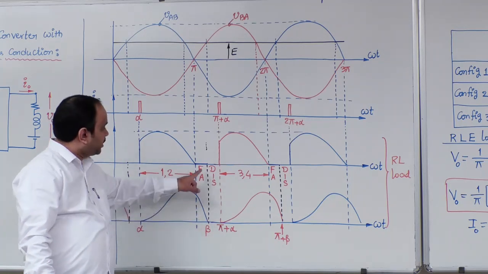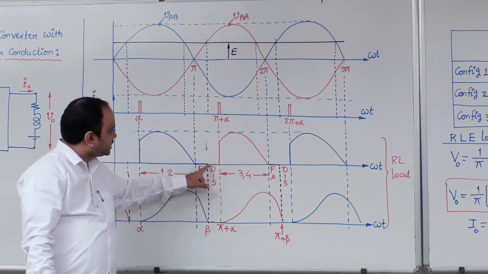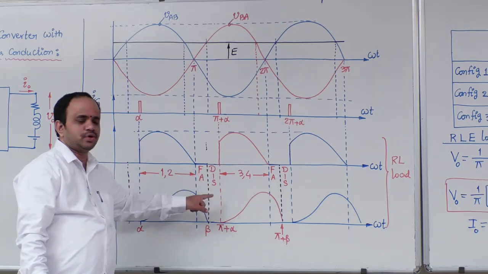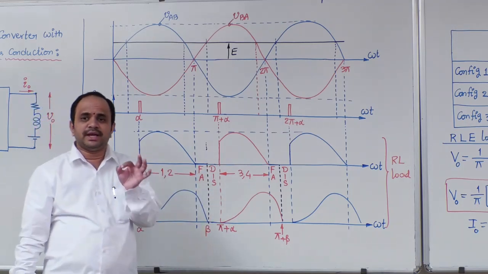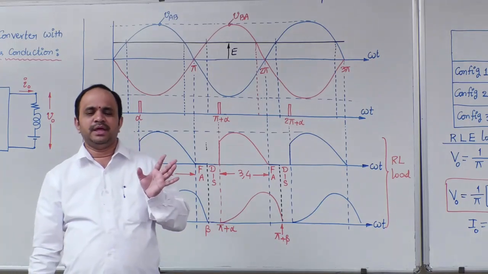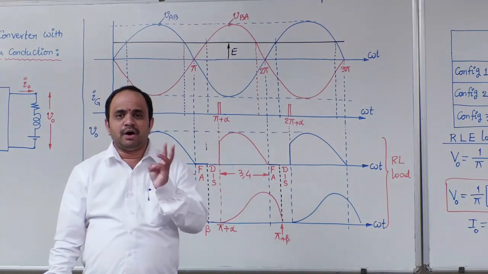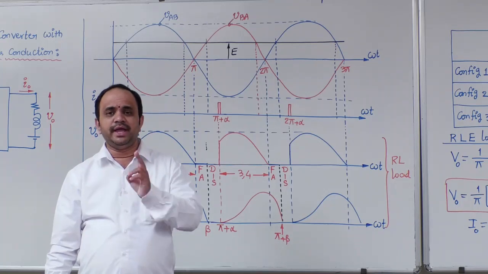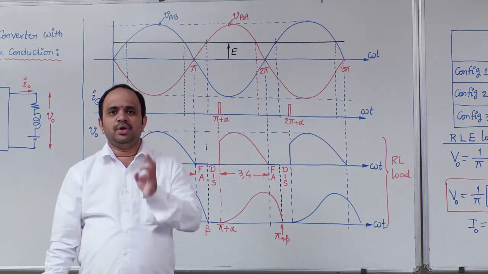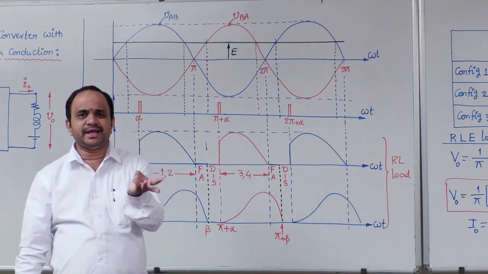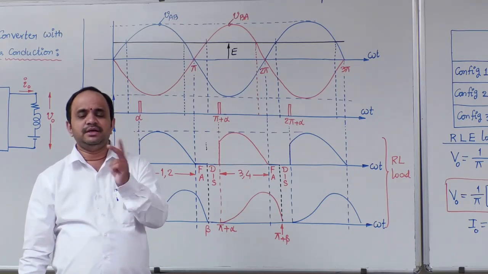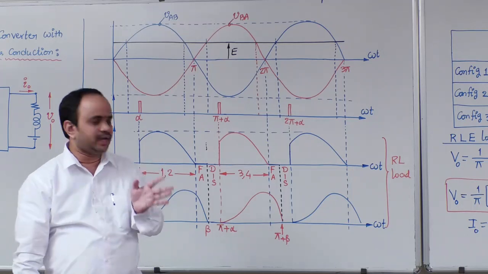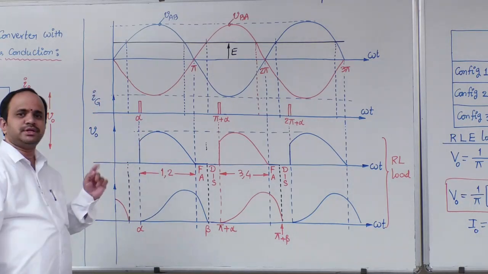From beta to pi plus alpha, the reason for zero output voltage is the discontinuous interval. So we can have one conclusion: in rectifier circuits, output voltage is 0 in two situations. One is during freewheeling action, and the second is during the discontinuous interval if the load has no EMF.